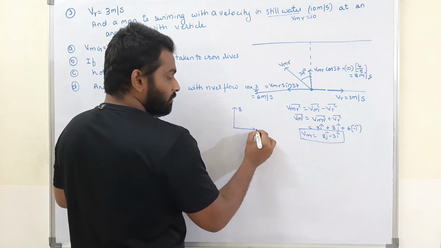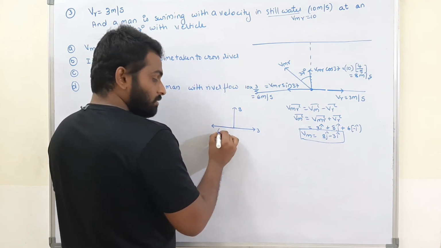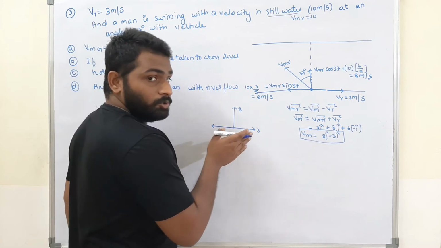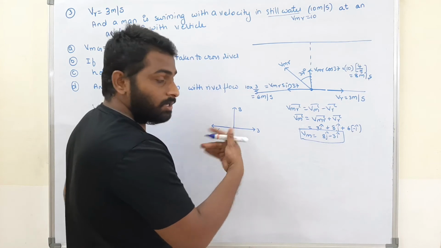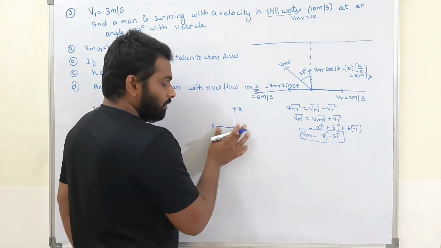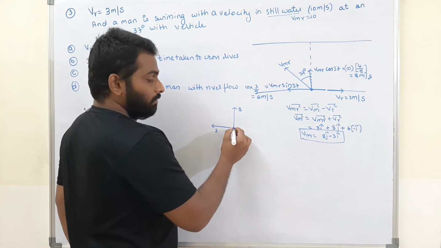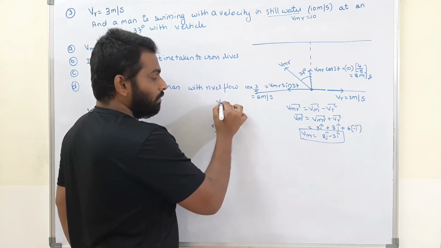The velocity of river is 3, this side the river is pushing 3, and this side the velocity is 6. Therefore, what is the resultant? The resultant will be 3. Therefore, this is the velocity of boat.